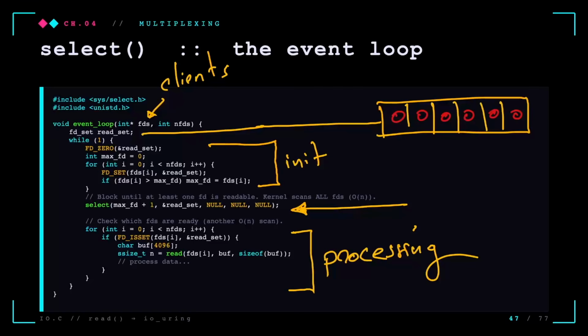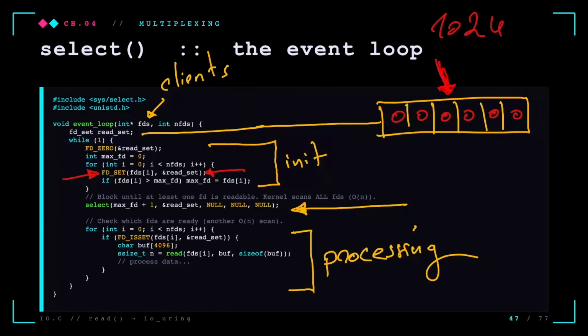After which we have to iterate over all of our file descriptors, and we need to assign this file descriptor basically to the read set. And so what this will do is that it will kind of compute the slot of that file descriptor in the bit mask, because the bit mask actually has a fixed size of 1024.